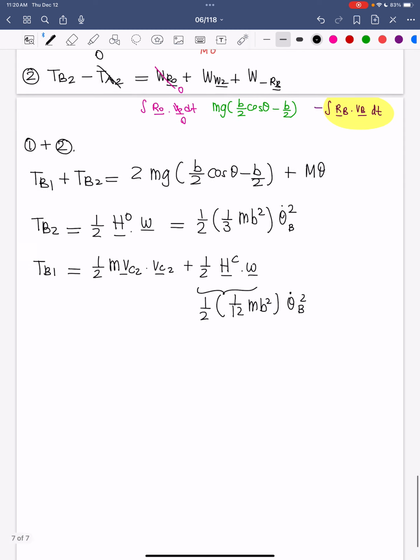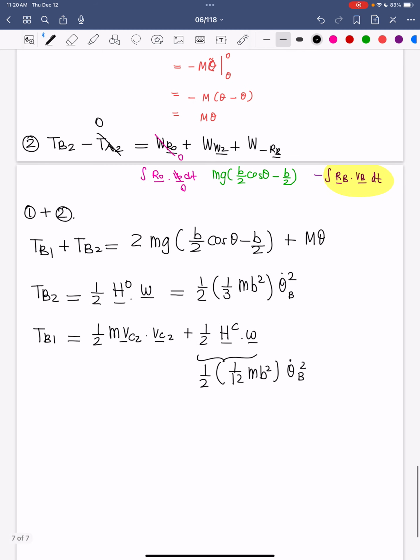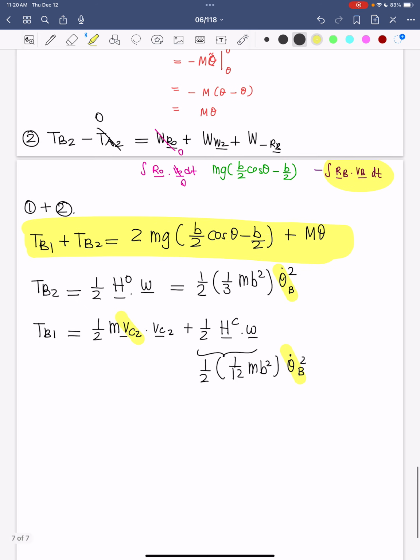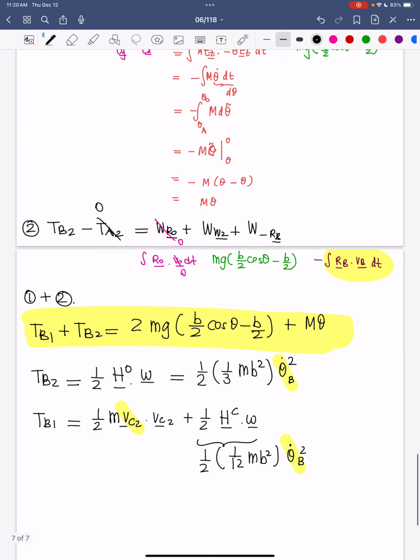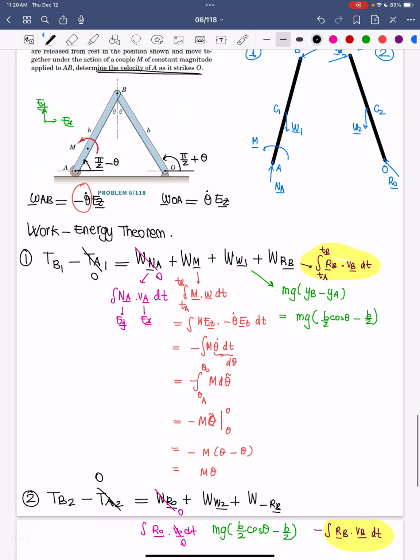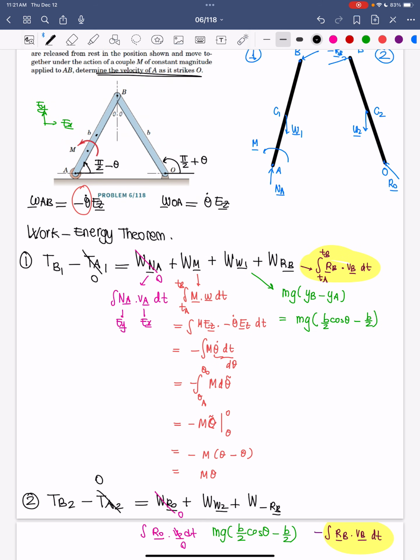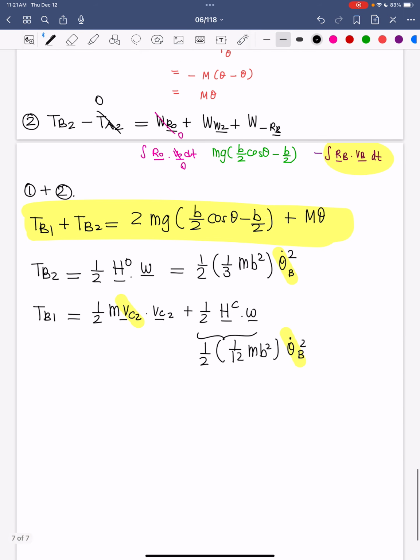Now I have one equation, this one, and the unknowns are theta dot B and vC. Maybe I can find vC in terms of theta dot B from kinematics. So let us try. We can write vC1 minus vA. Okay, I actually made a mistake here.